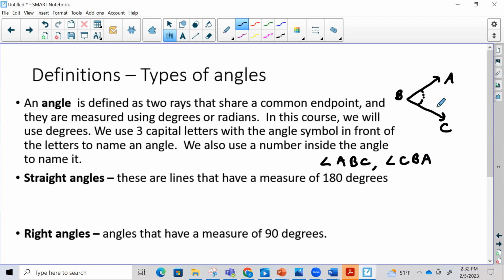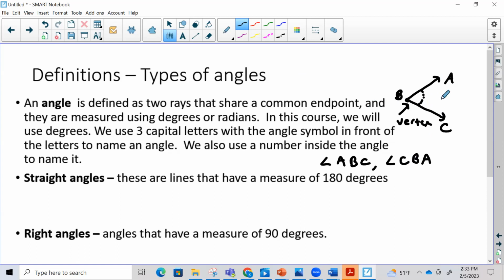When we name it with 3 letters, we start on one end of the angle, then go to the point where the 2 rays intersect, and then go to the other part of the angle. Where the 2 rays intersect is called the vertex. Okay, so this point B represents the vertex of this angle. The vertex always has to be in the middle when you're naming the angle. So again, I can start at C or I can start at A and then trace it. I cannot start with B.